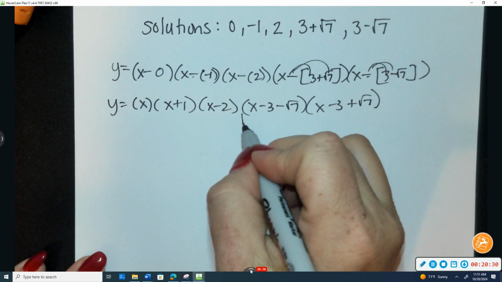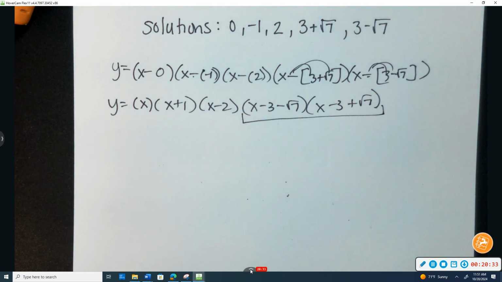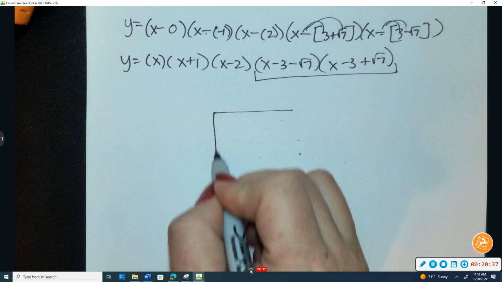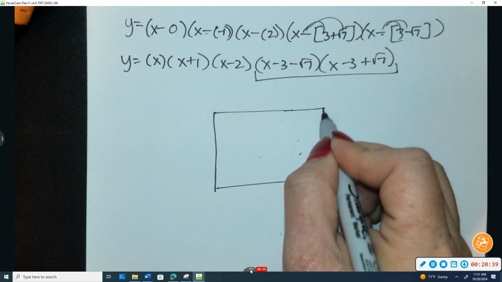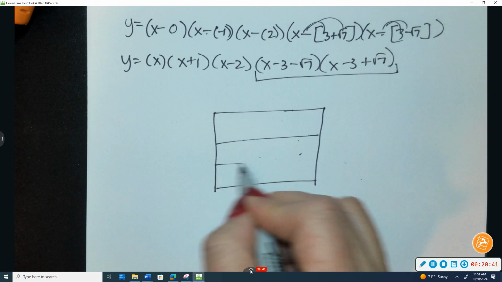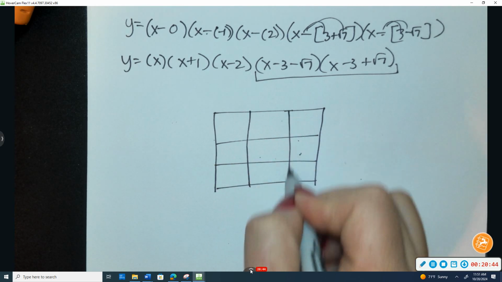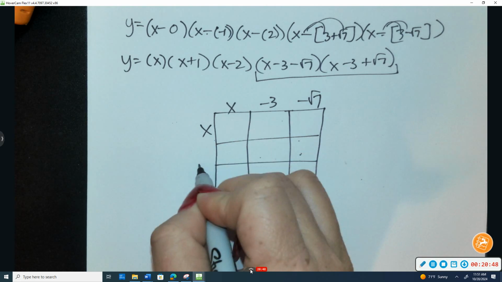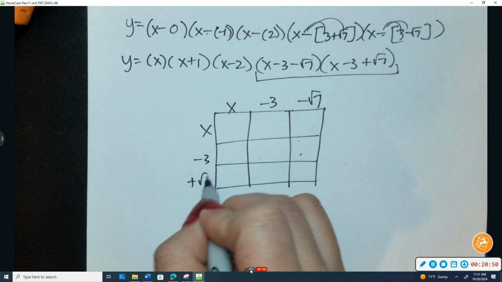I think I'm going to do these two first. So this has 3, and this also has 3 terms. And this is going to mimic example number 5 that we just finished. So x minus 3 minus the square root of 7, x minus 3 plus the square root of 7.